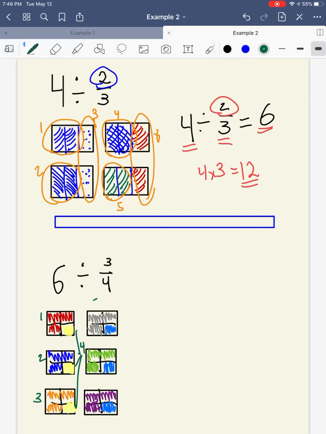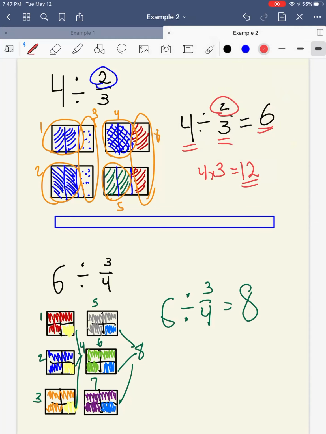The yellow makes 4, the gray is 5, the light green is 6, the purple is 7, and then this lighter blue is 8. So 6 divided by 3/4 gave us 8.